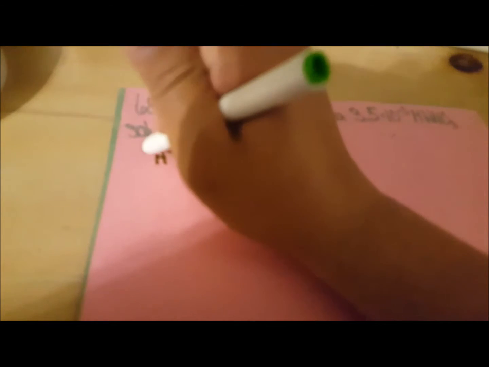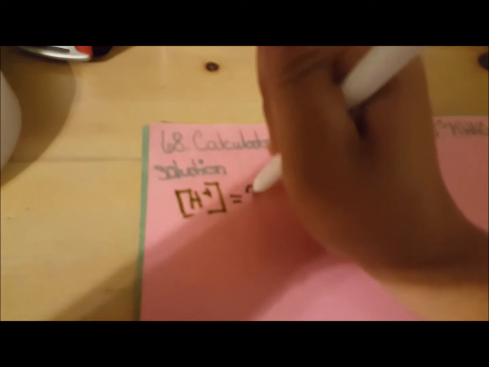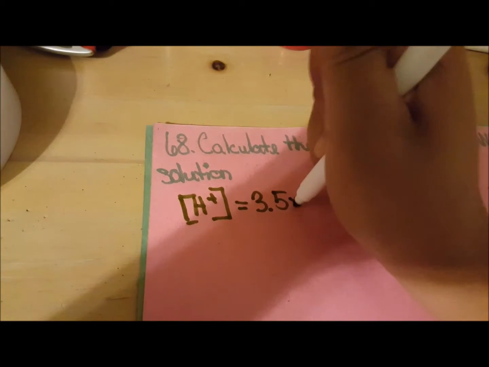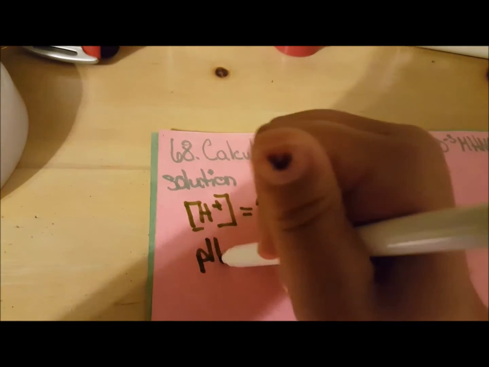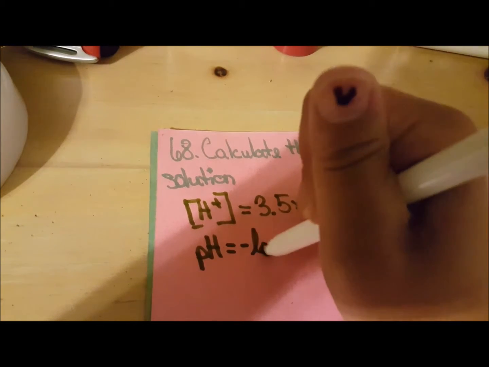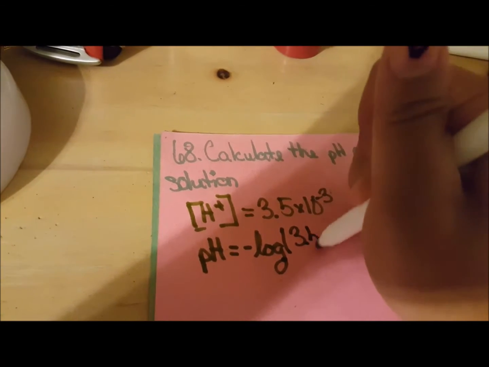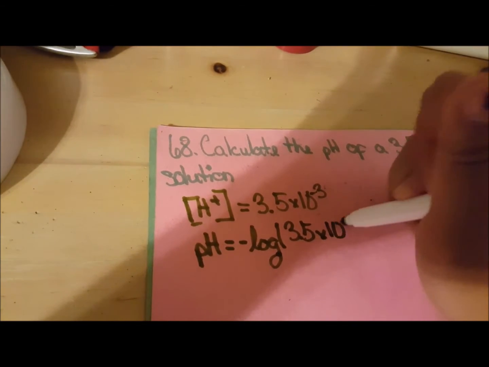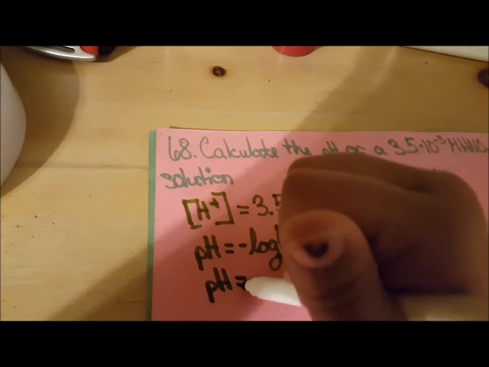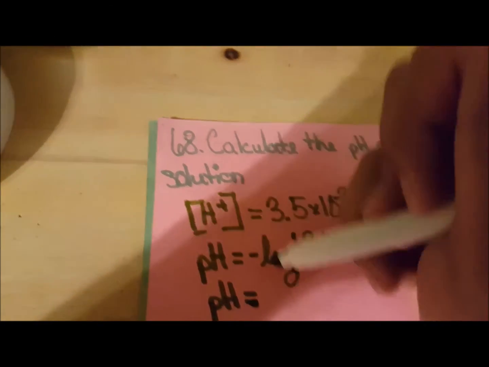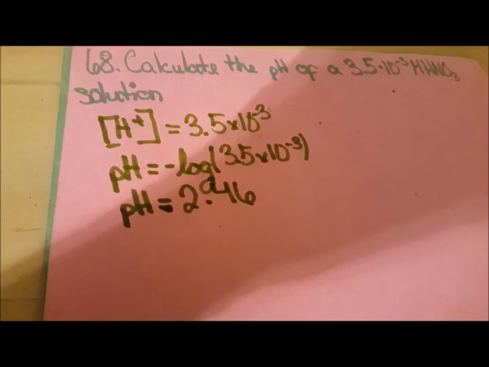So we know that H is equal to 3.5 times 10 to the negative third. pH is equal to negative log of 3.5 times 10 to the negative third. And if we go ahead and plug this into a calculator, we see that the pH is equal to 2.46, which gives us our final answer.